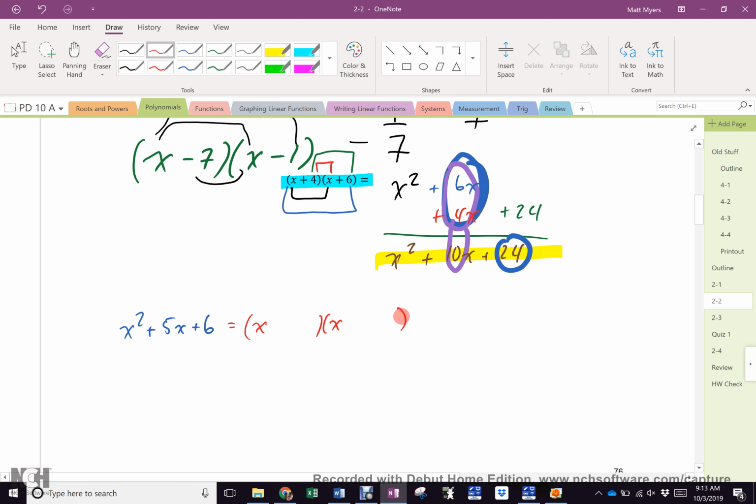Those two numbers must do two things. They must add to something and multiply to something. What must they multiply to? 6. What must they add to, Meher? 5.